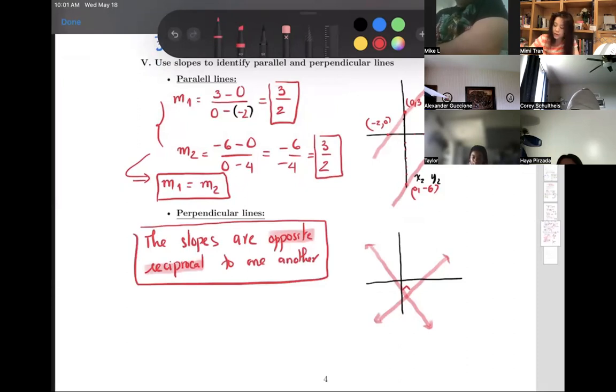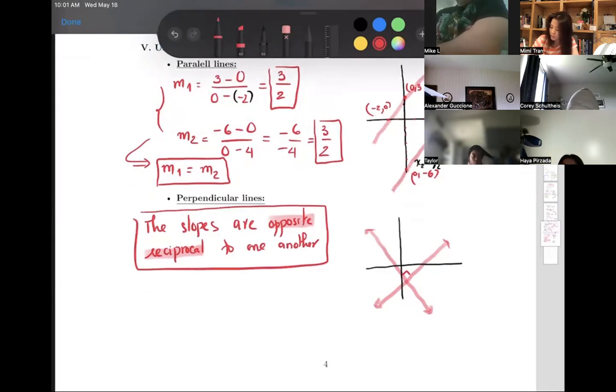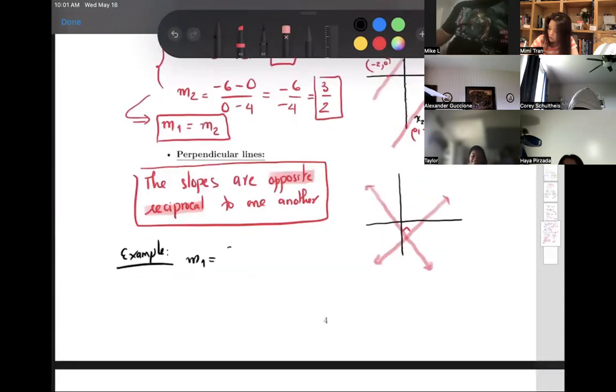So for example, I'm going to give you an example. If I have M1 equal 2/3, can someone tell me what's M2?